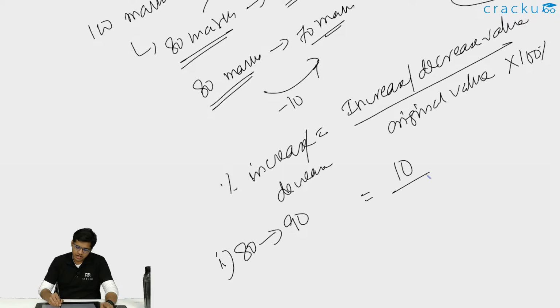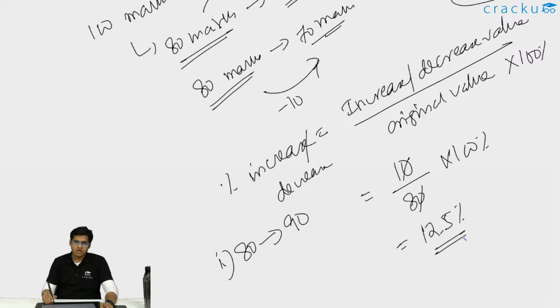Increase in value is 10 marks. And what is the original value? Original value is 80 marks. So 1/8. Now 1/8 is basically 0.125. 0.125 into 100 will be 12.5%. So it is a 12.5% increase.